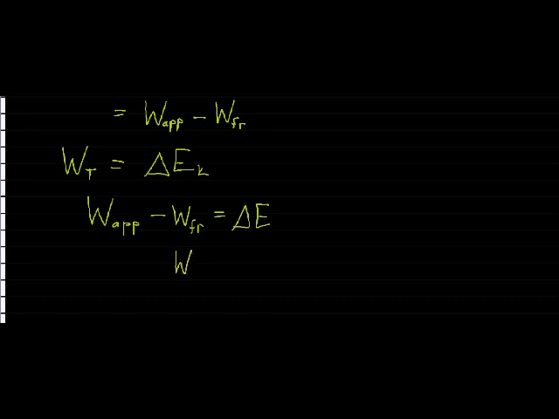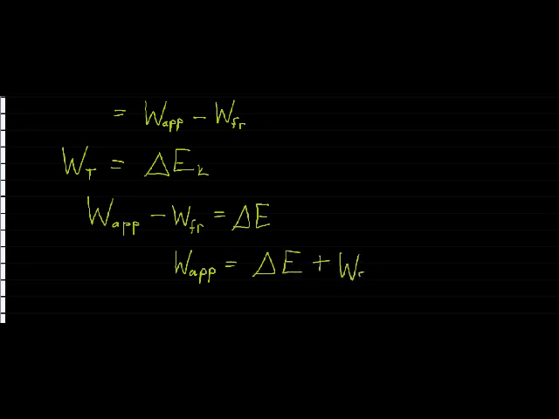And that means if I just want to see how much work Fred and Barney are doing, because they are applying a force, I just add the work done against friction on both sides.